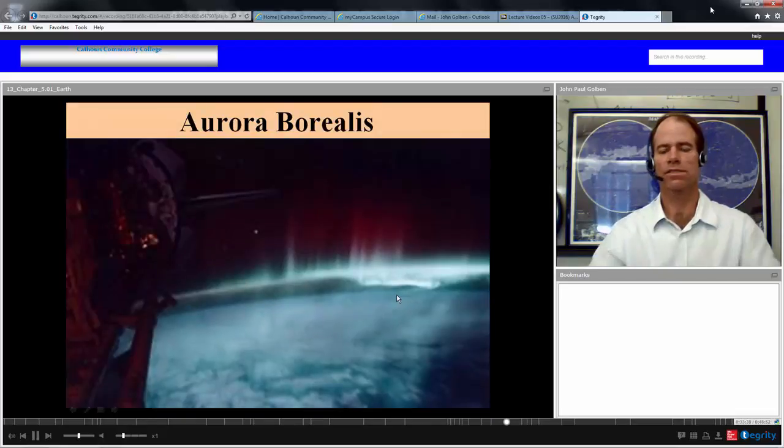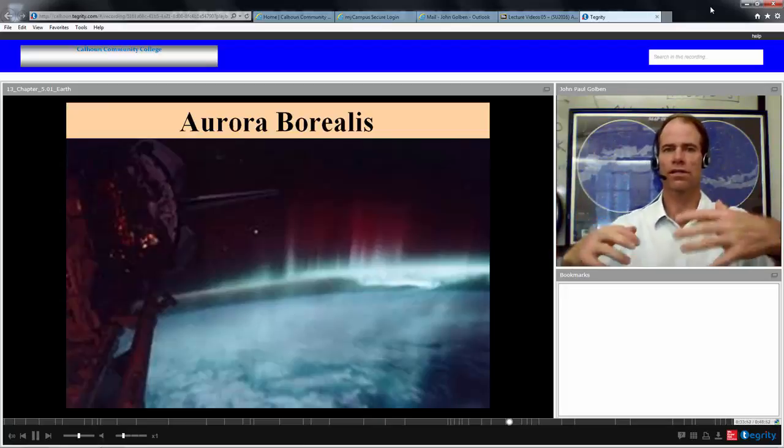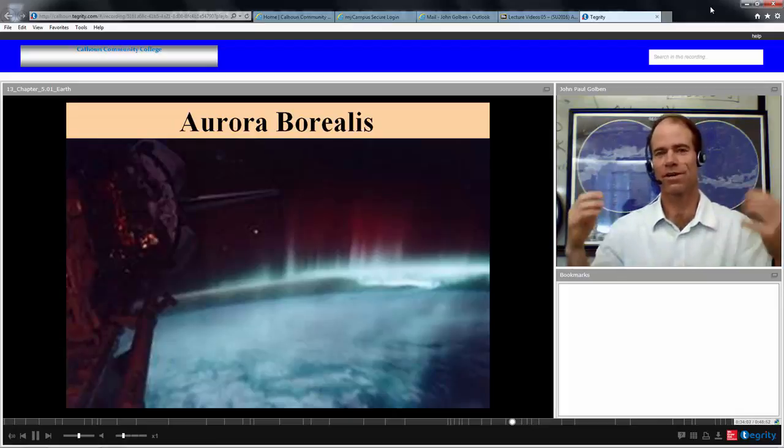Another consequence of these charged particles being protected by the Earth's magnetic field is the aurora, which is a direct result of the deflection of these particles towards the poles. So you have the Aurora Australis in the southern hemisphere, and the Aurora Borealis in the northern hemisphere.